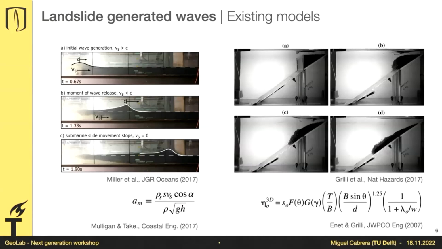The deformation happens because once the wedge is released, it drags water down, and the drag of that water down generates a depression on the water surface. And we know water has no shear resistance, or at least very low. So that depression is rapidly filled, but by filling that depression, you generate a wave. So a submarine landslide can also generate waves.